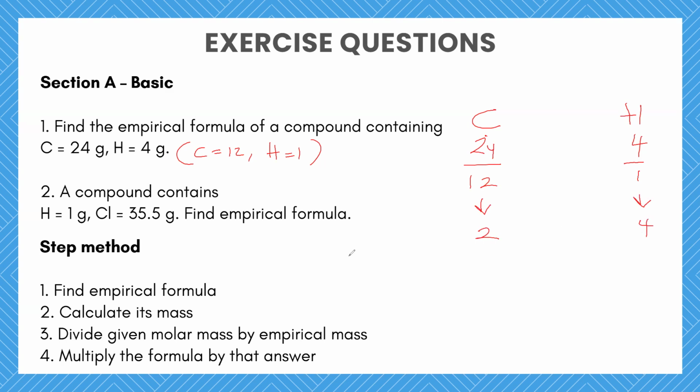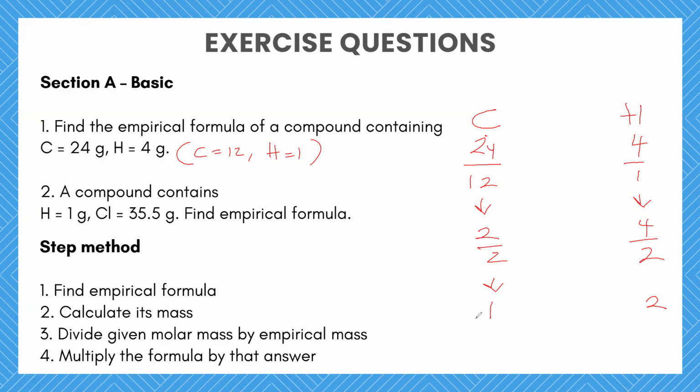The next step would be to divide by the smallest number. The smallest number among these two is 2, so we'll divide all through using 2. We end up having 1, and we end up having 2. The last step says if the results that we arrive at are not whole numbers, we keep multiplying till they become whole.